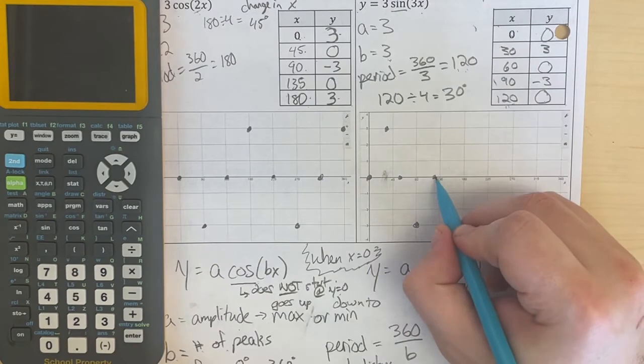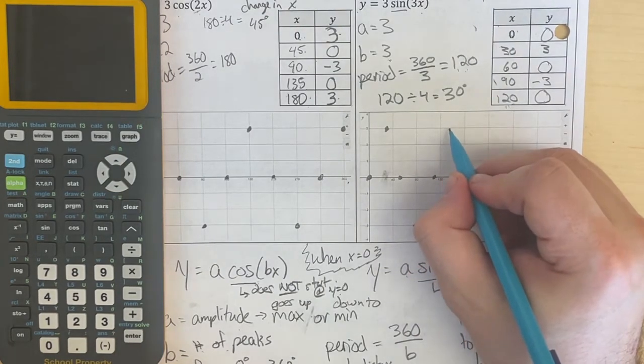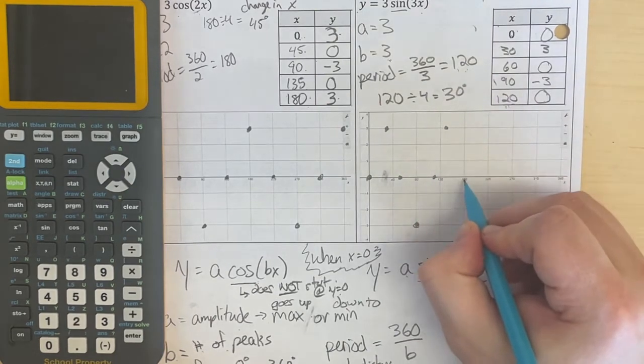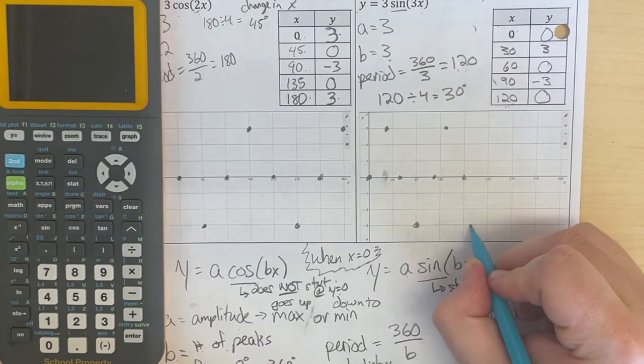So again, I would keep going. I can have, let's say 150. 150 is going to be 3. Back down to 0 at 180. At 210, we have -3.